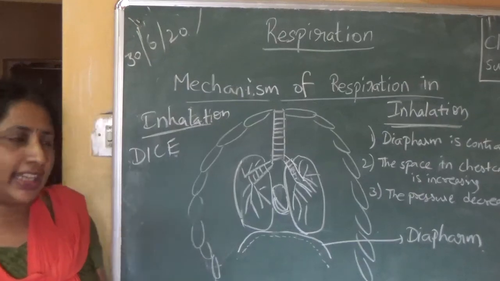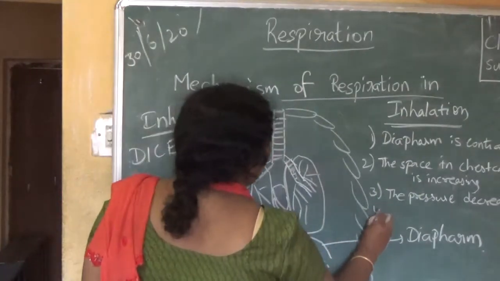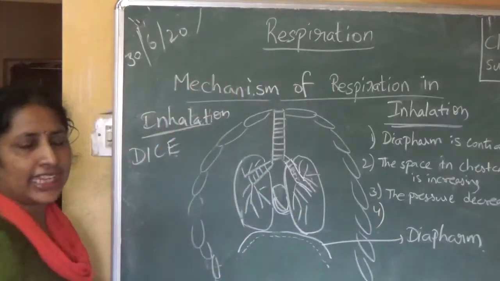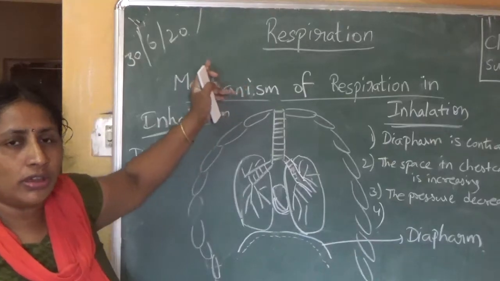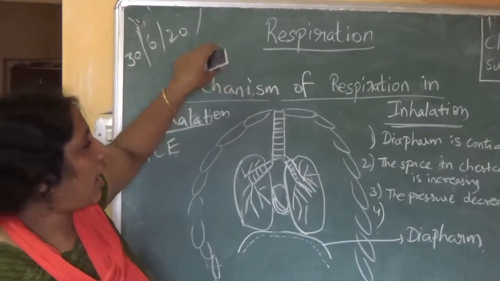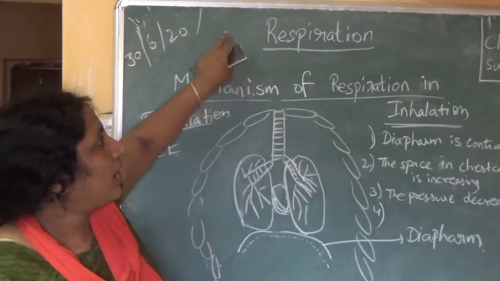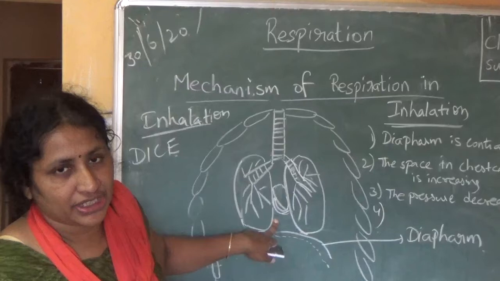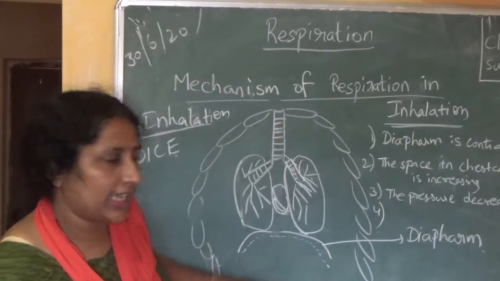So when the pressure decreases, outside in the atmosphere the pressure will be more. So the air runs from more pressure to less pressure. So the air enters from the atmosphere into the lungs.